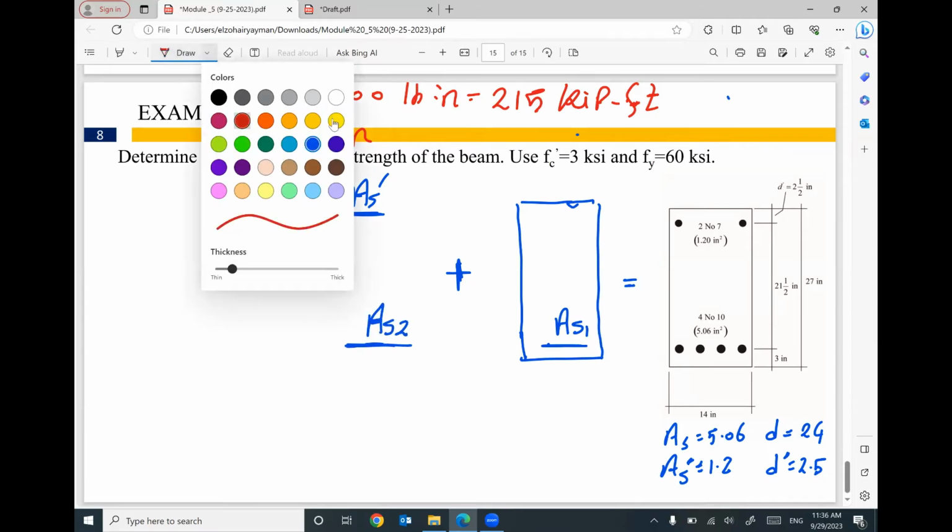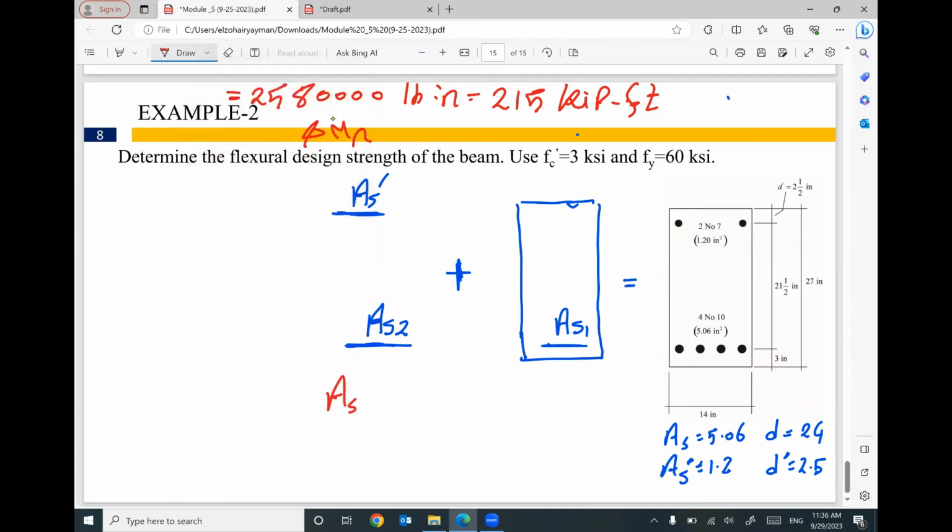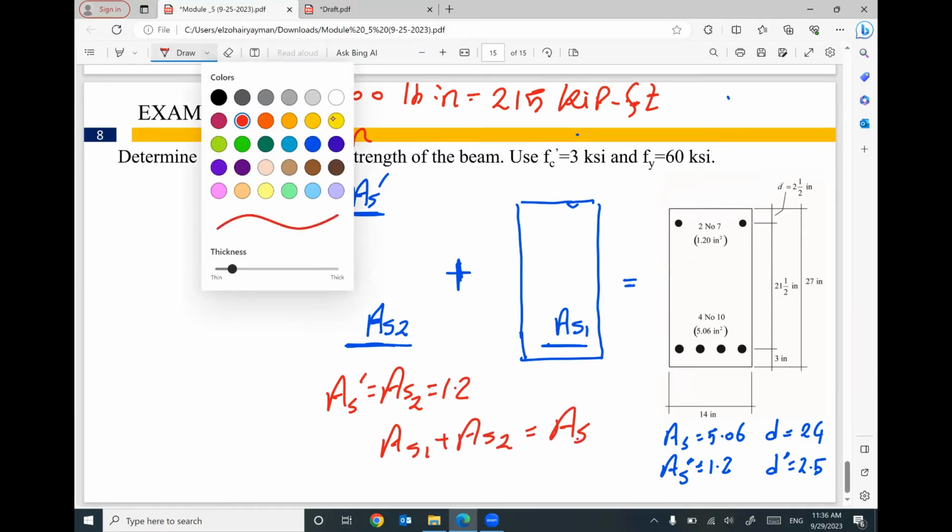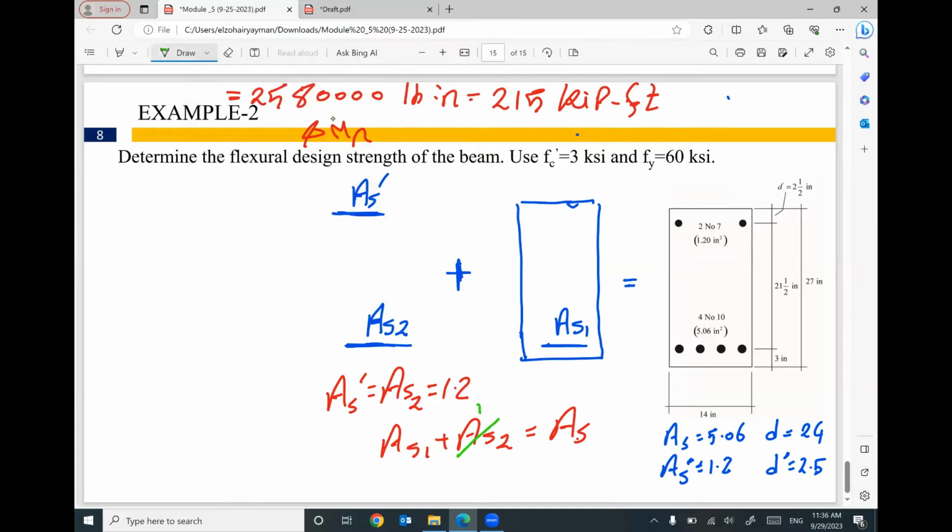Keep in your mind, for the second part, area steel prime must equal area steel 2, which must equal 1.2. Keep in your mind that area steel 1 plus area steel 2 must equal the total area steel. So I can put here area steel 2, 1.2, and I have area steel total equal 5.06. Then I can figure out the value of area steel 1. It will be 3.86. So far, so good.